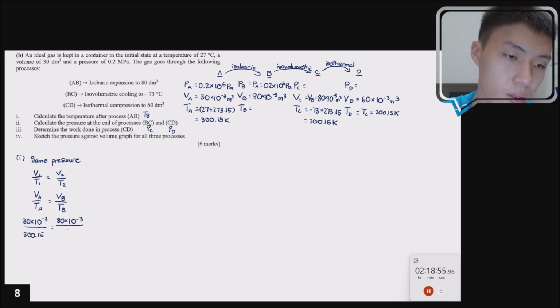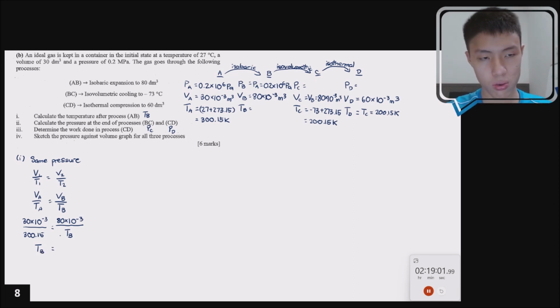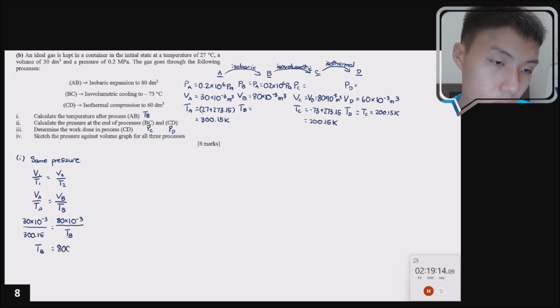Then from here you can find your temperature at state B, which is 800.4 Kelvin. Next question.